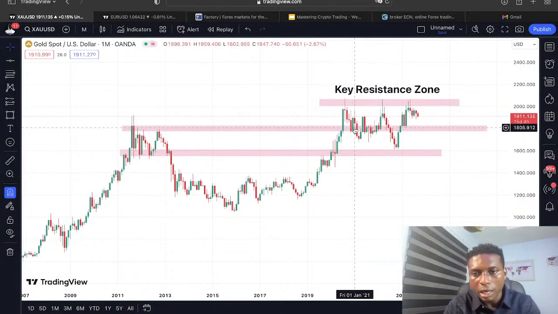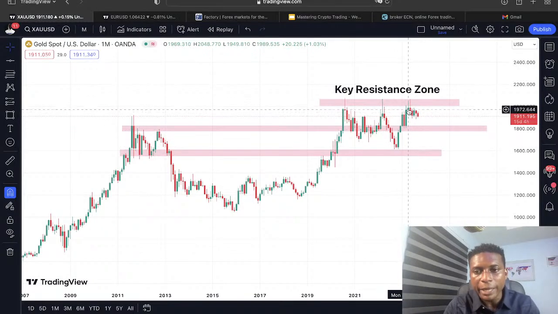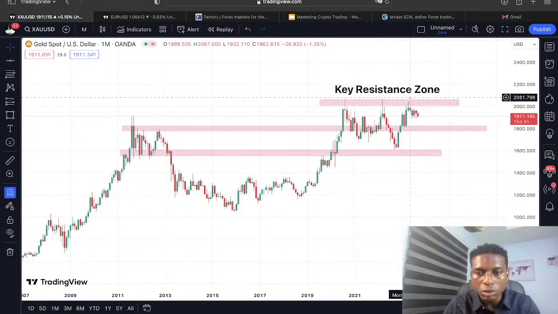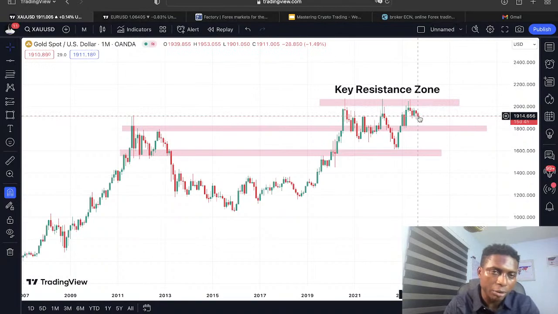After the first rejection we saw price touch this next support level, went up, came back to this next support level and continued to fall. So now price has touched this resistance zone and is coming down.